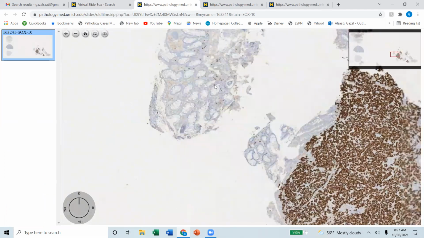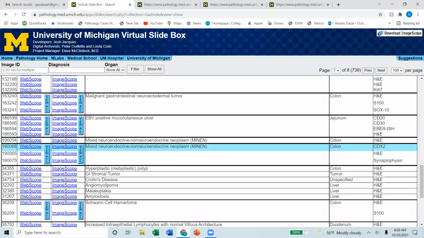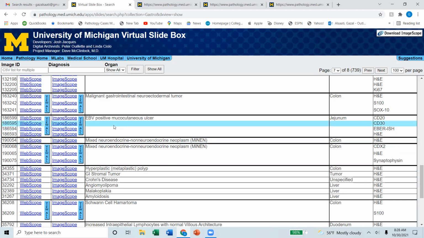So these all are looking like melanoma. However, you do HMB45, you do melanA, these are negative, but your synapto will be positive. Nice. They don't have a synapto here.